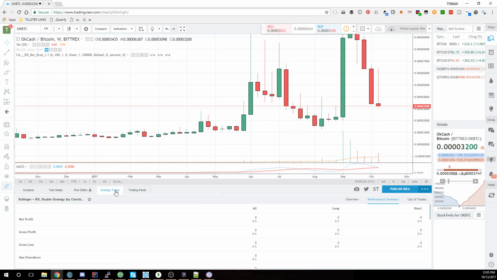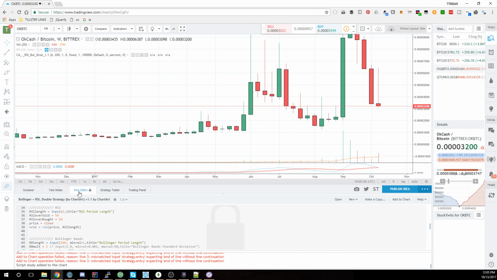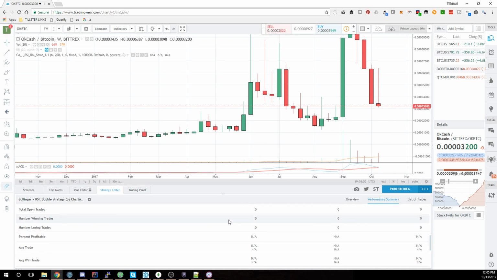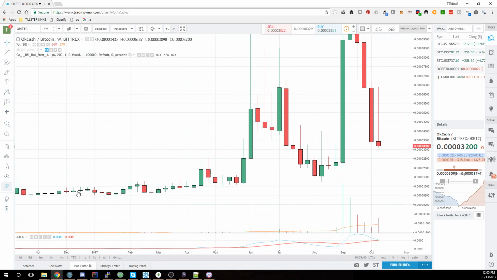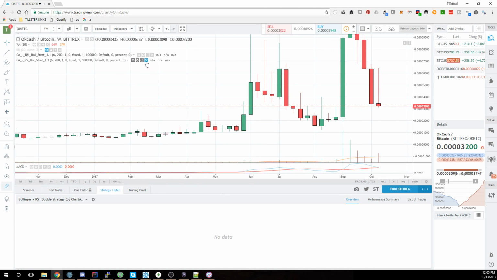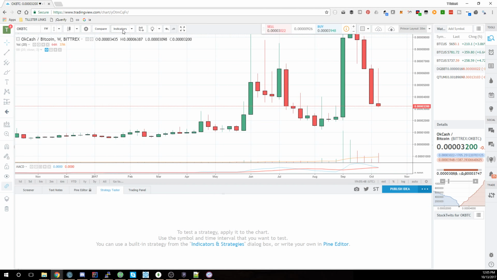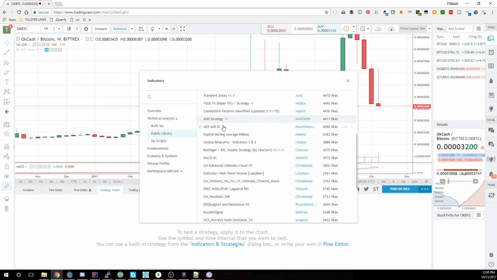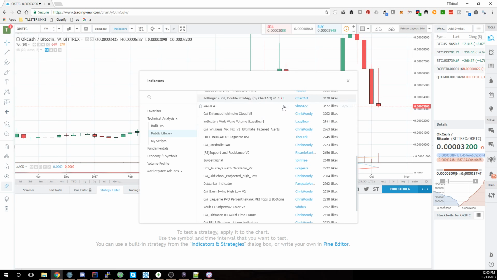Now, let's take this and do this. And assuming that this isn't, again, total clown shoes, which it is, what you should be able to do is add it to your chart, and then let's try a different one because this one doesn't seem to be working. The way to find a strategy is that it has these little up-down arrows next to it.